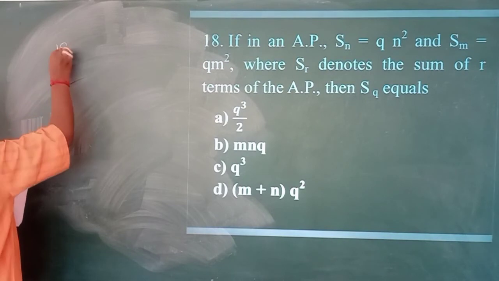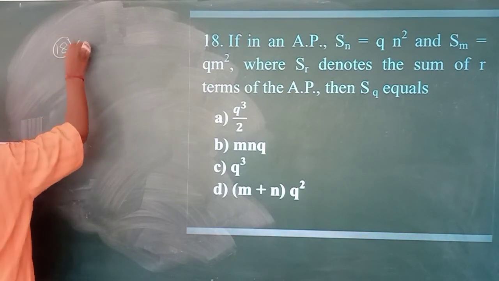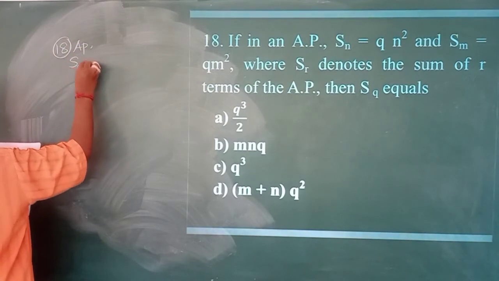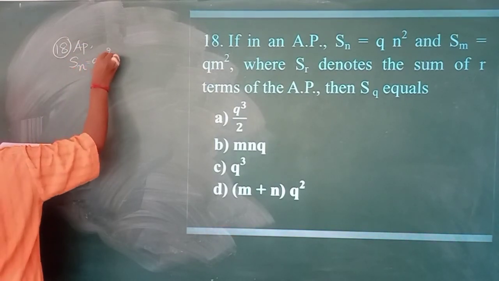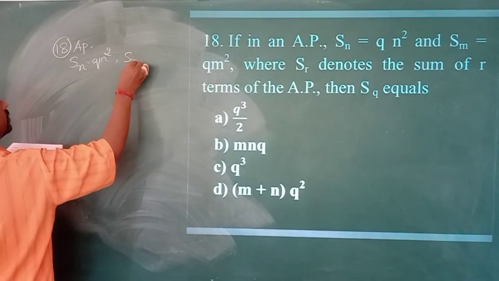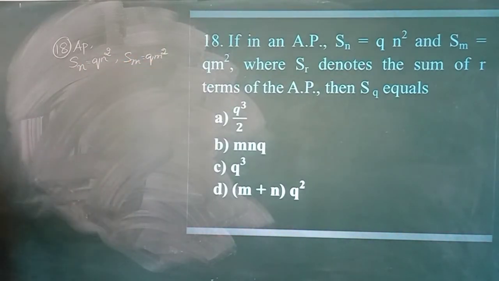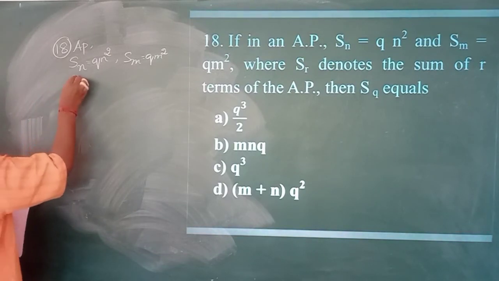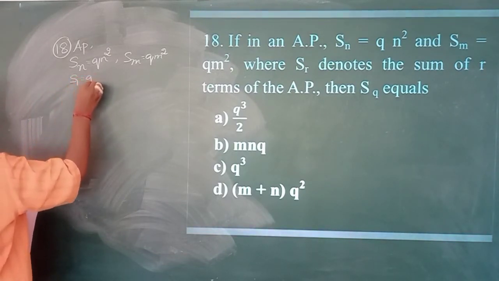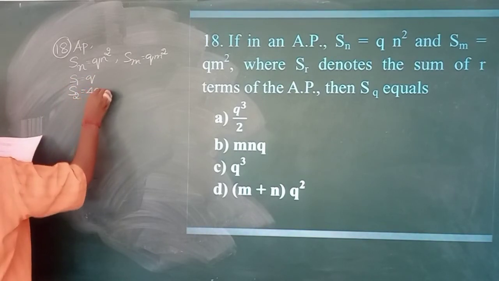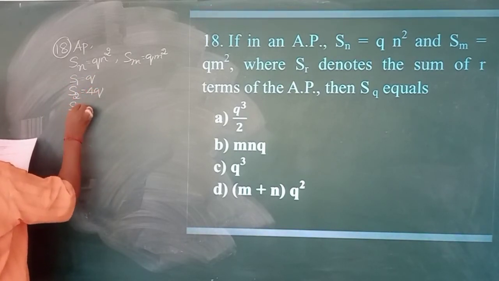Eighteenth one. In an AP, Sn is equal to Qn square, Sm is equal to Qm square. SR denotes the sum of R terms of the AP. Then SQ equals... let us take n is equal to 1. S1 is equal to Q, S2 is equal to 4Q, S3 is equal to 9Q.